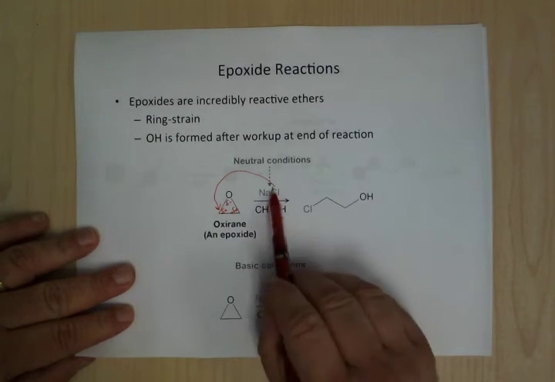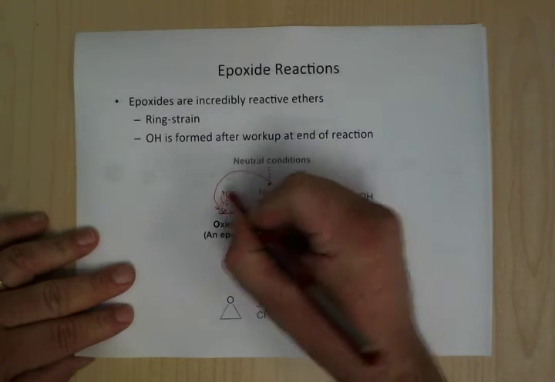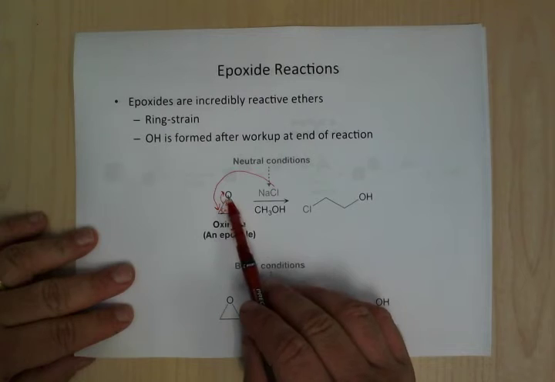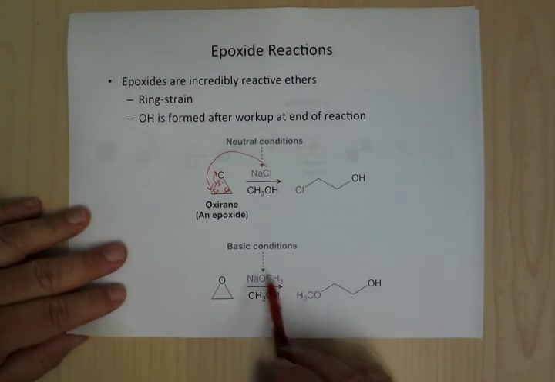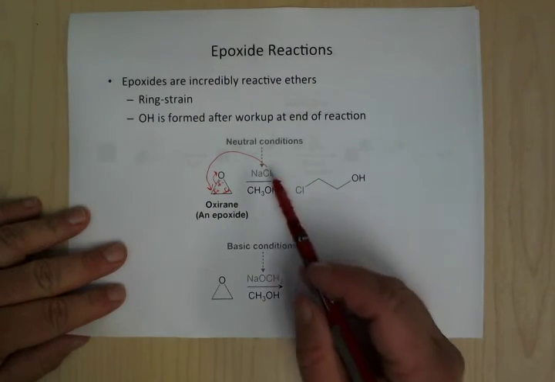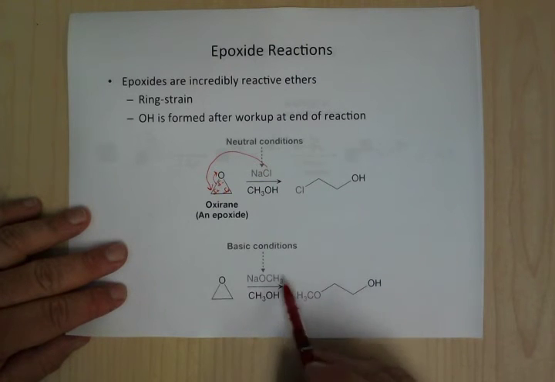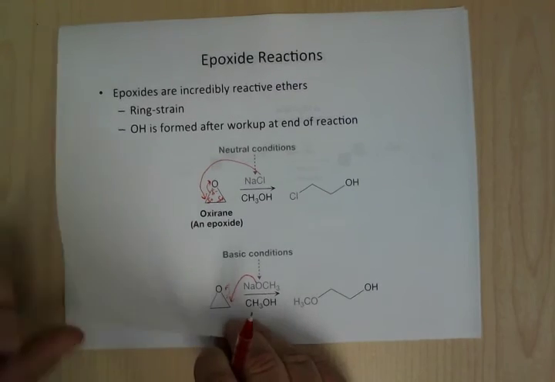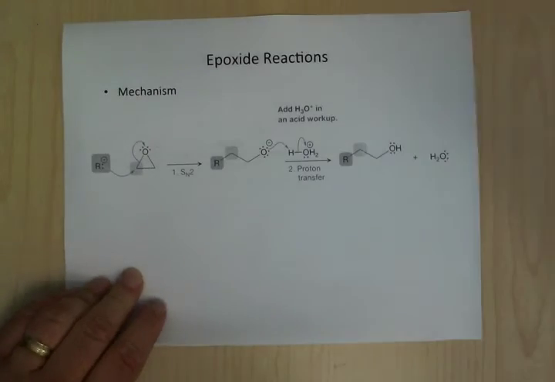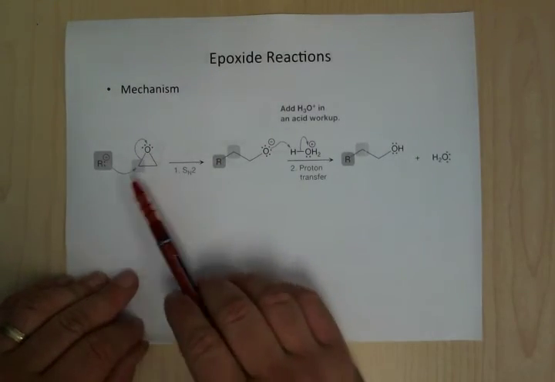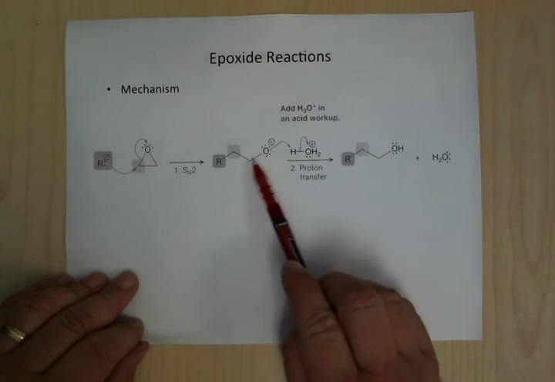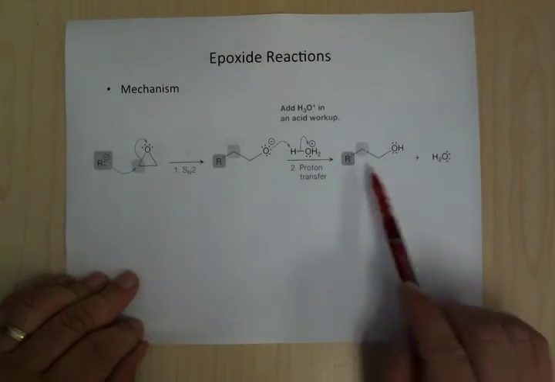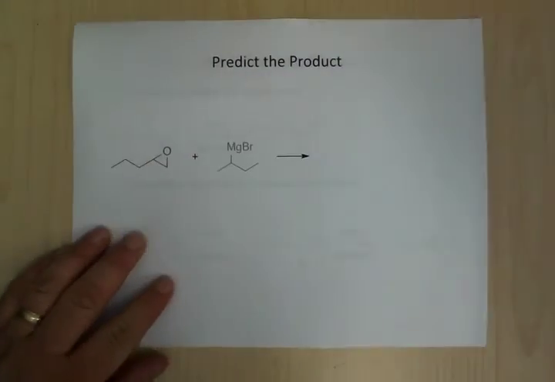So it's going to hit here and there. You're going to eventually end up protonating this in the workup to get this. You can do it under acidic, neutral, or basic conditions. Again, you're going to have that attack there, push those up. And again, it's going to be just a nice SN2 reaction to get this, and then during the workup, this gets protonated.